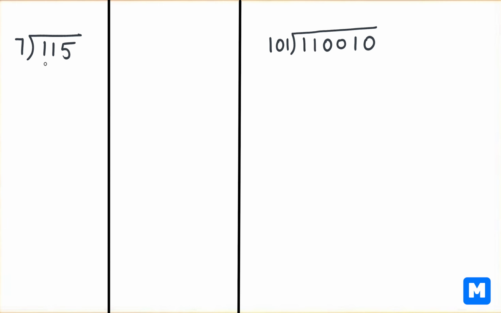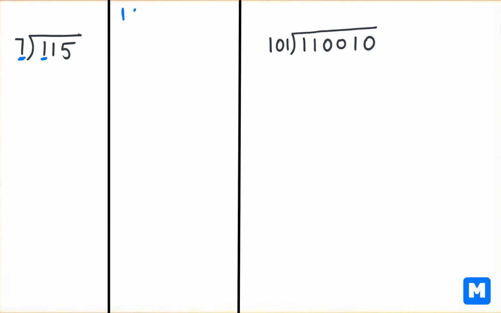Let's suppose we want to divide 115 by 7. Here 7 is the divisor and 115 is the dividend. What we used to do is compare the leftmost digit of the dividend with the divisor.